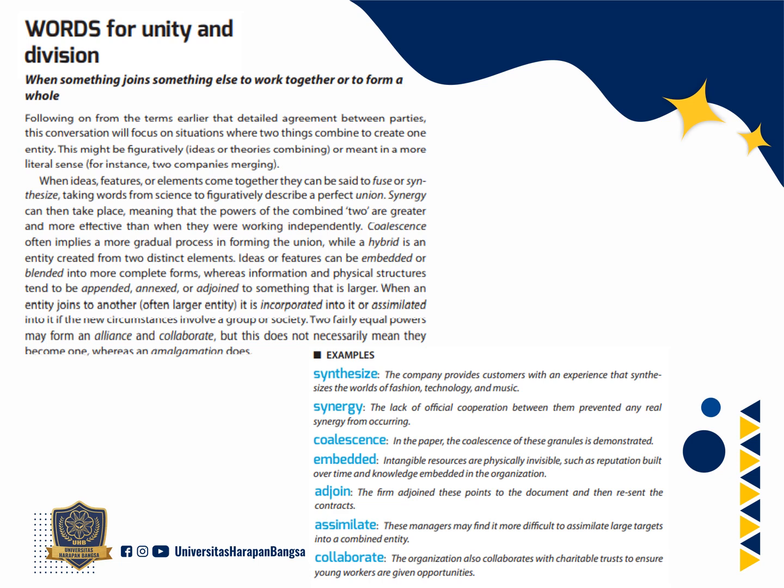Ideas or features can be embedded or blended in more complete forms, whereas information and physical structures tend to be appended, annexed, or adjoined to something that is larger. When an entity joins together, often a smaller entity, it is incorporated into or assimilated.